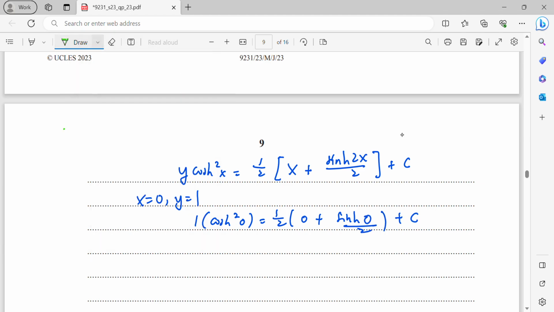Sinh 0 is 0, but cosh 0 is 1, so I get 1 equals c. Now substitute into the general solution. You will get y cosh squared x equals half of the bracket x plus sinh 2x over 2, plus 1.